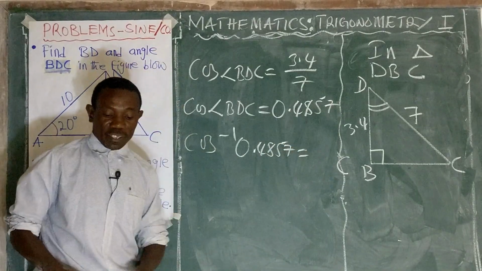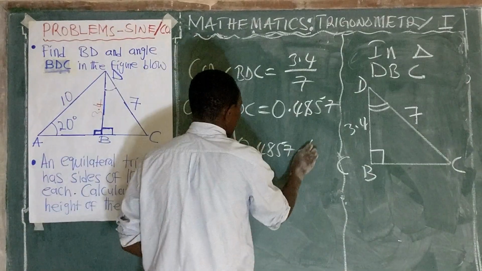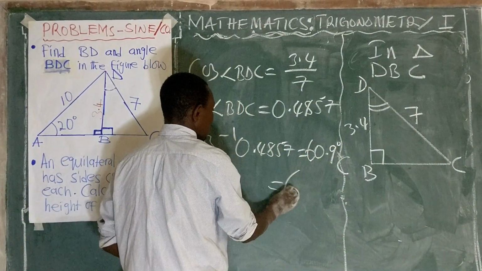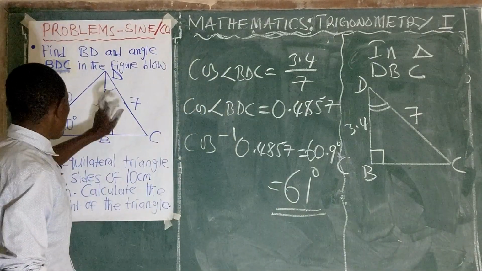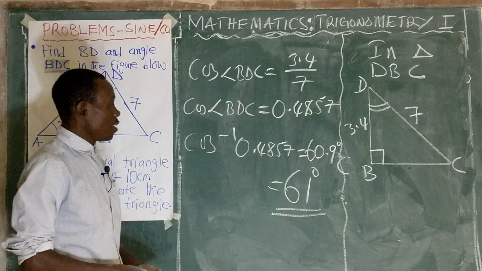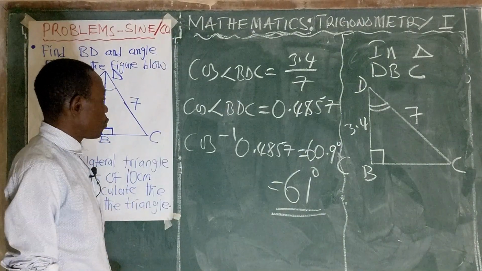I'll be able to appreciate from the calculator that the value we get is 60.9 degrees, which is just like 61 degrees. Right, so the angle here should be 60.9, but to the nearest degree, that one should be 61 degrees. So this is the way we do.